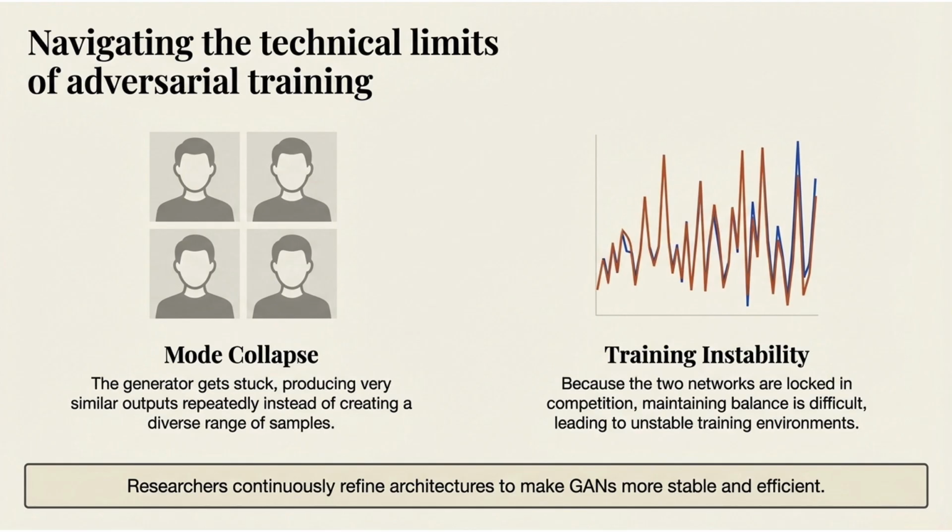If one network becomes too strong, the training process may fail or become unstable. Researchers continuously experiment with new architectures and training techniques to overcome these limitations. Improving stability and diversity remains an important area of research in generative AI.